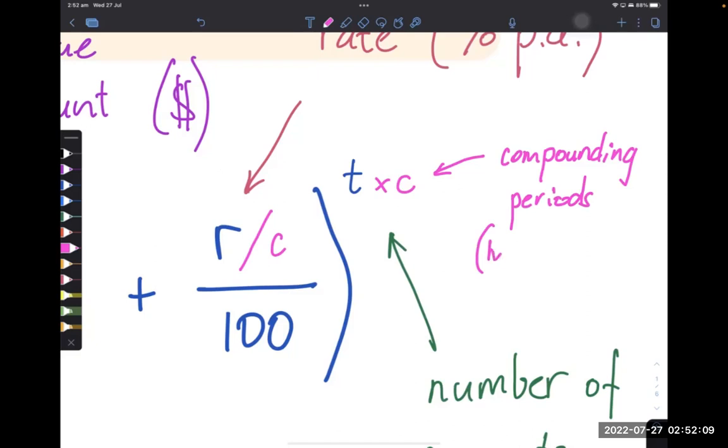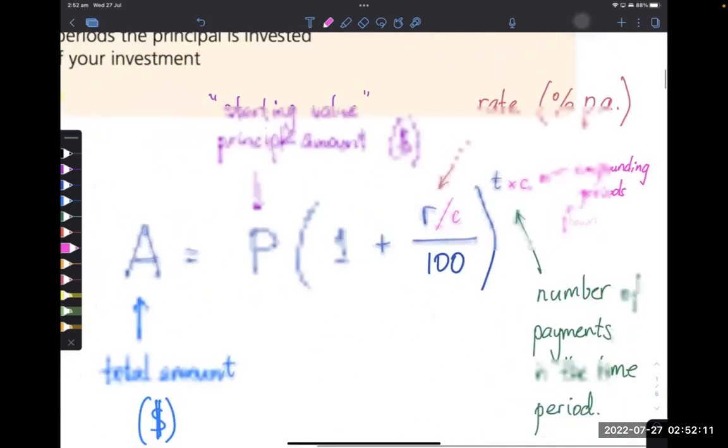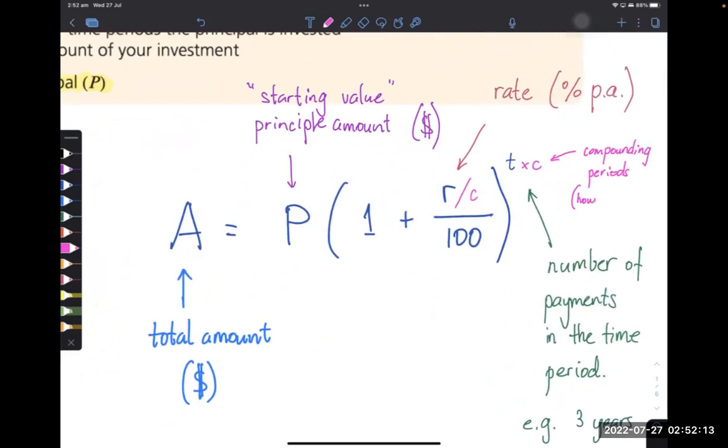Which means how many times, this is on page 1, you compound in a year. The T here represents, I'll just do it in a different color again.